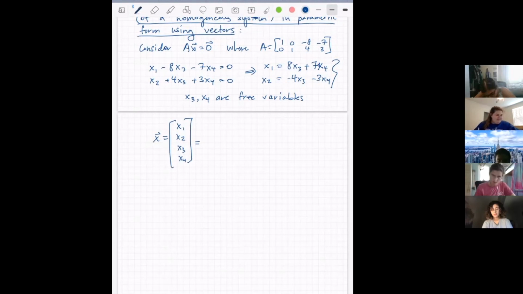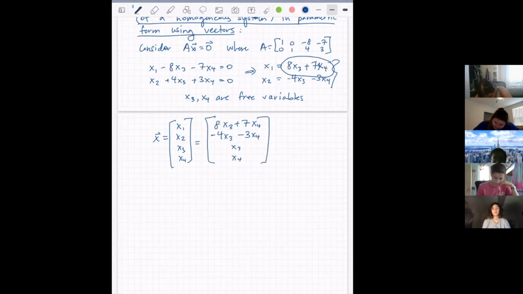So what we'll do is replace x1 with this expression right here, 8x3 plus 7x4, and then replace x2 with the formula we got for x2, negative 4x3 minus 3x4, and then we leave the free variables alone.